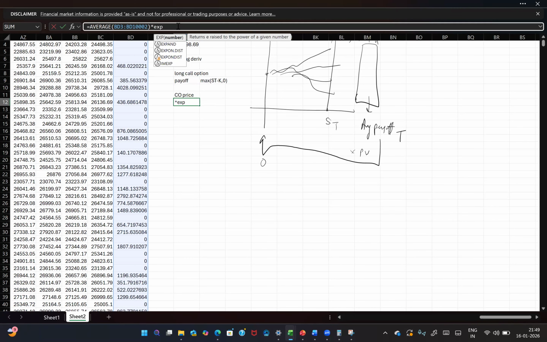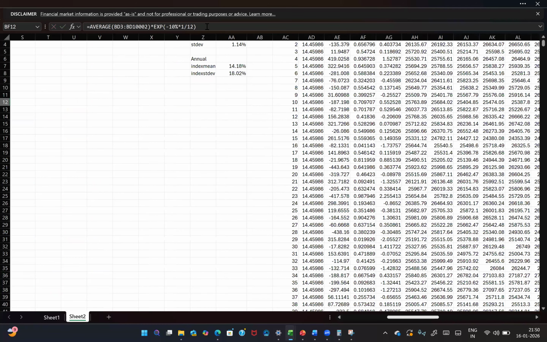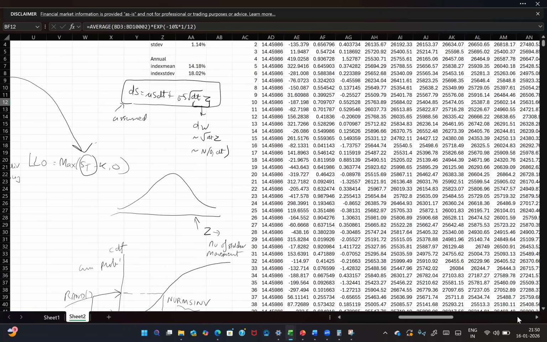So you can write exponential minus 10% into time, which is 1 by 12. So 10% is R and 1 by 12 is time period because we want to value monthly option. So this is how the pricing looks like. This price assumes sigma of 18%. Please note that was our assumption. Index mean of 18%.